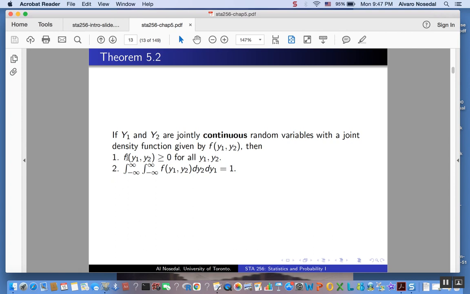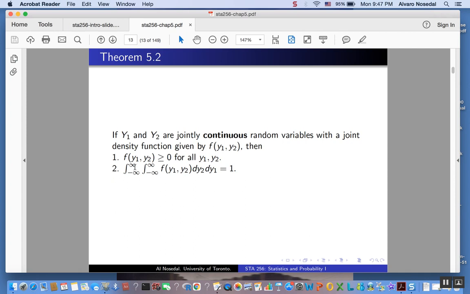Now, instead of evaluating the PDF, we're going to be evaluating the joint probability density function, but we are evaluating at a point in the plane. When you evaluate a legit joint density function, you must have something that is greater or equal to 0, just like before for PDFs and PMFs.